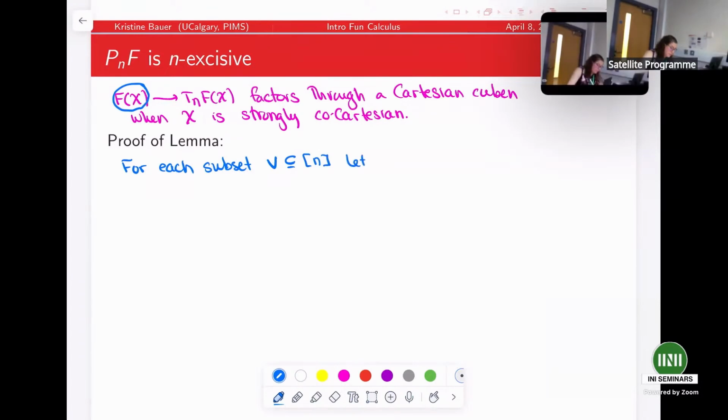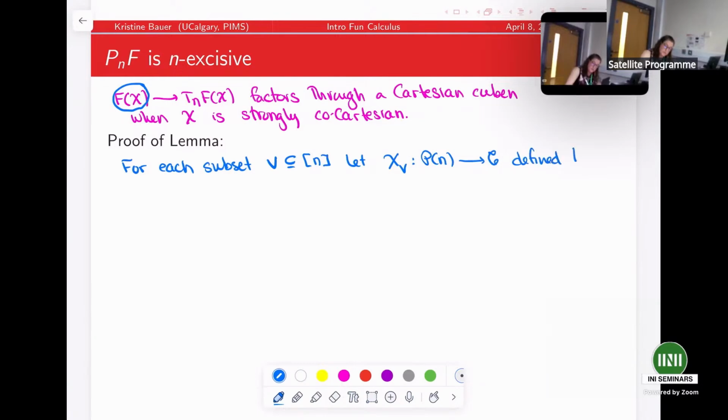Define a helping function, chi V, from P of n to C, which is defined as follows.